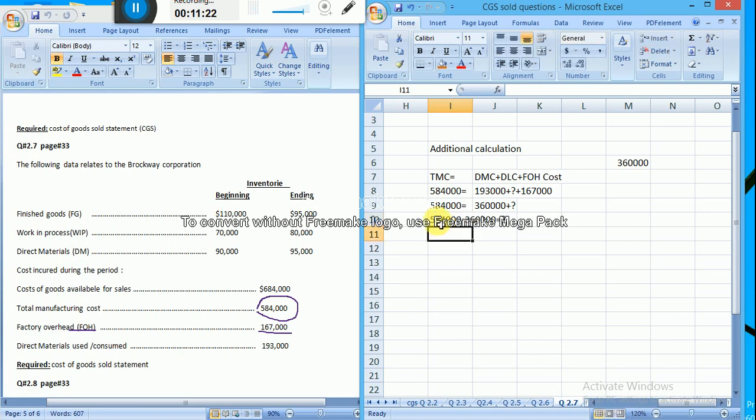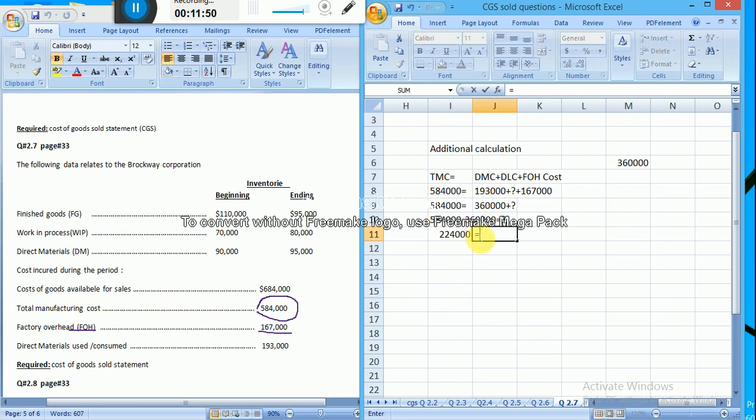Now we can easily find the missing item. $5,84,000 minus $3,60,000 is $2,24,000.